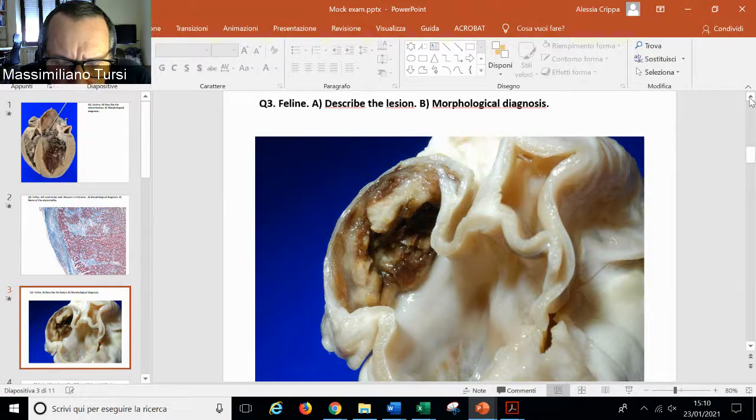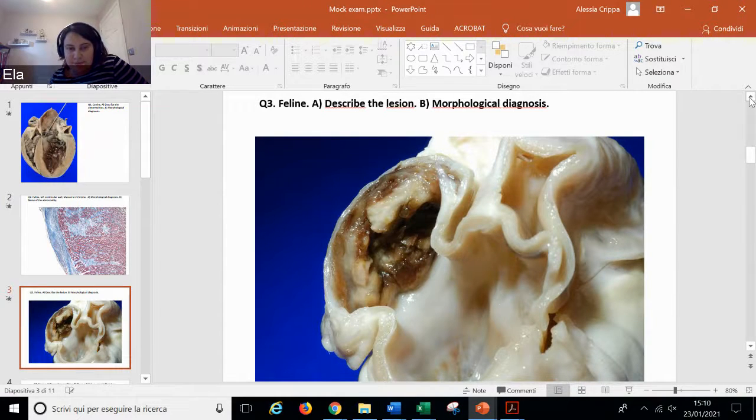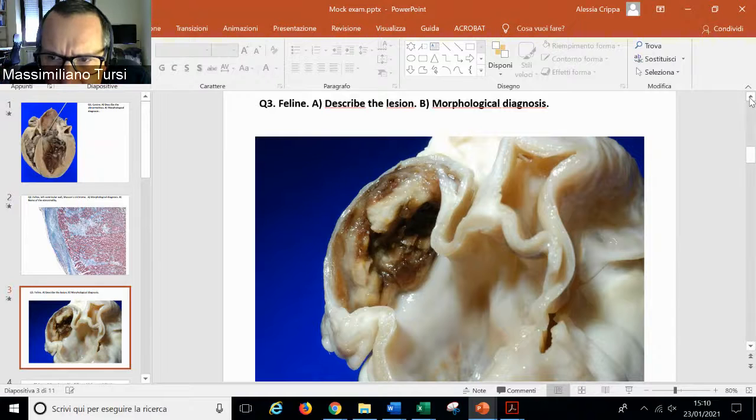So, which is the atrium that has the auricle running on the left? Well, that must be the left auricle. That's the left atrium and left auricle. Is the anatomical position clear for everybody?